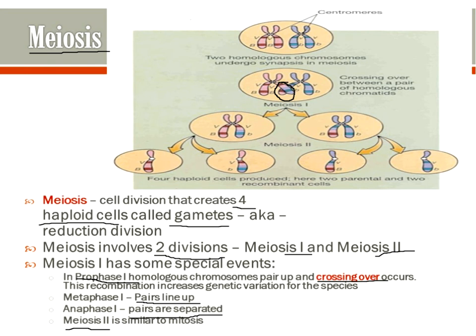And instead of going through the process once, they go through the process twice. Instead of coming out with 2 identical cells, they make 4 different cells. And instead of being the full amount of chromosomes, they're only half the amount of chromosomes because they're used for reproduction.